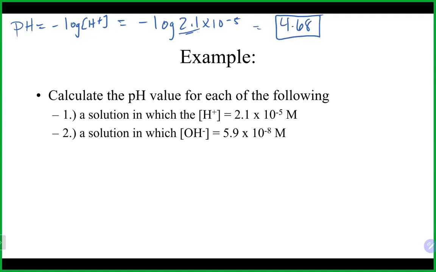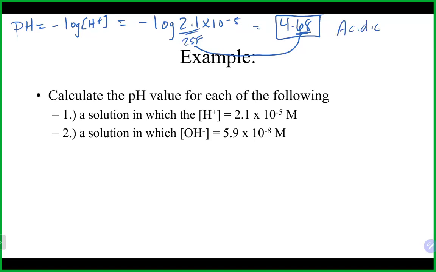Once again, 2 significant figures gives me 2 decimal places here. Acidic, basic, neutral on this one. This one is also going to be acidic as it's less than 7, right?